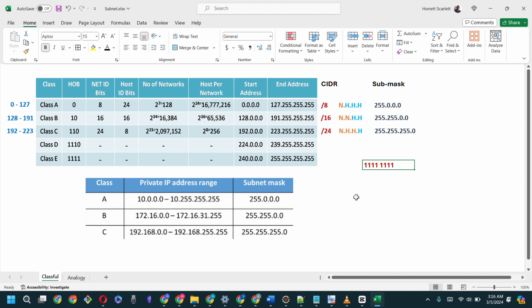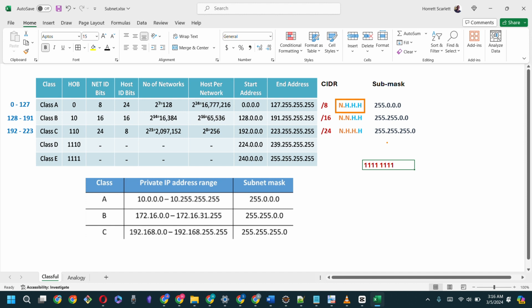The other thing that we want to bear in mind, apart from the network bits, is how many bits are associated for the host. And right here in this graphic, we're indicating how many octets are being used for host and how many octets are being used for the network.